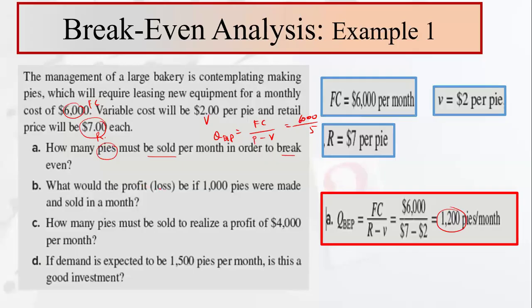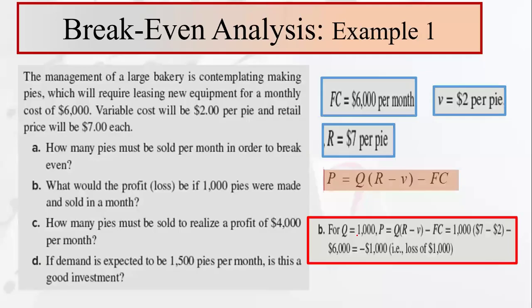So what would be the profit if you sold only 1,000? You will be losing for sure, because you should produce at least 1,200 and sell them. Then only you will get the break-even. You get your money back, you're not making any money. So what would be the profit if 1,000 pies were made and sold in a month?